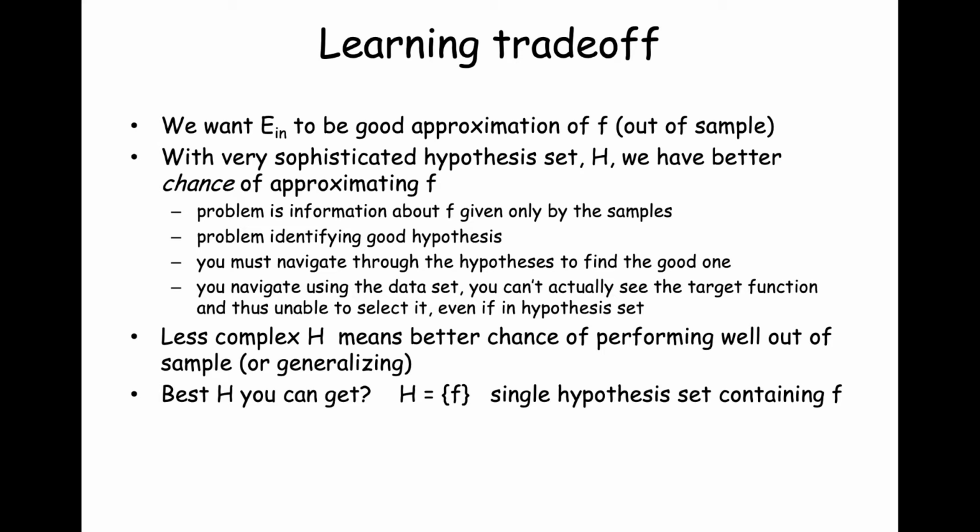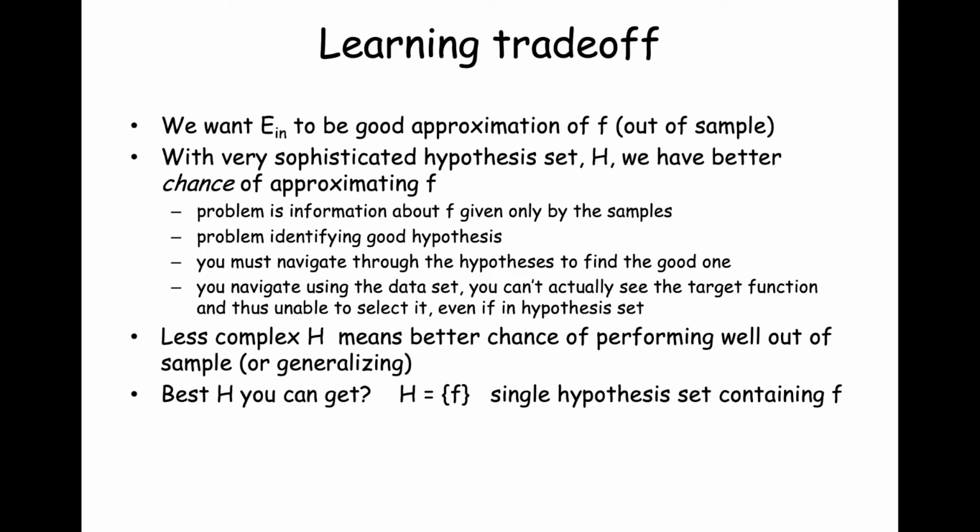And so the problem becomes one, then, of identifying a good hypothesis from among the working hypotheses drawn from your hypothesis set. And so you have to navigate through your hypothesis set, enterprising, to find a good working hypothesis such that when your learning algorithm halts, it will result in a good G, your final best hypothesis.